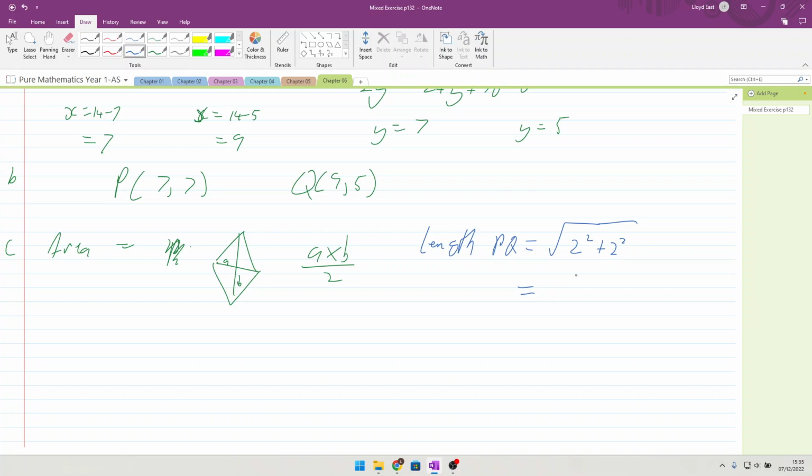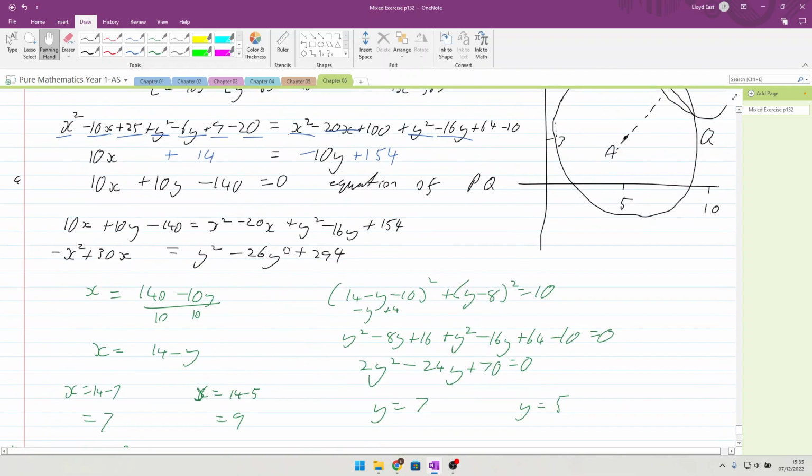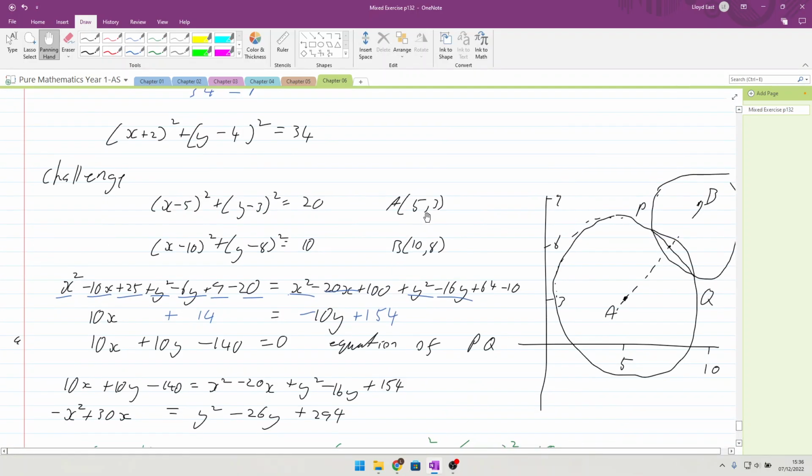Which is the square root of 8 will do for now. Then we've got the length of AB, and if you remember the length of AB, so from 5 to 10 that's 5, 3 to 8 is also 5.